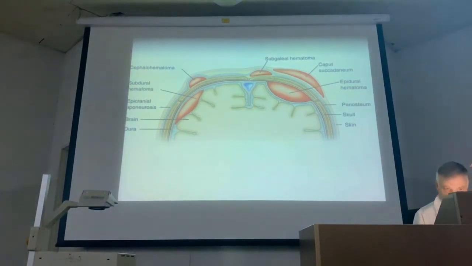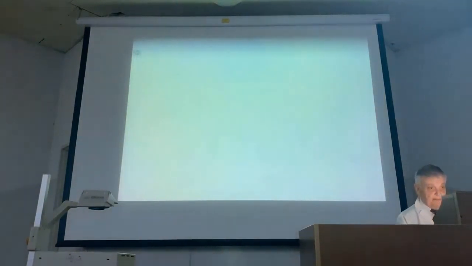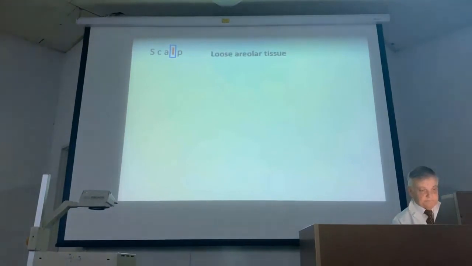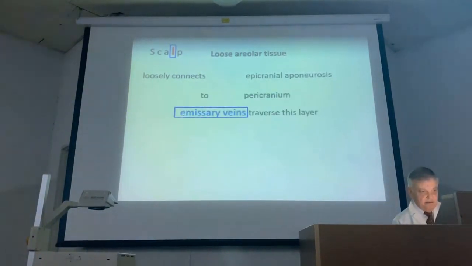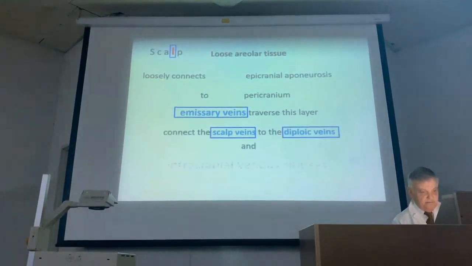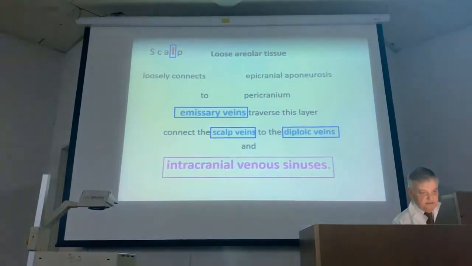Now, swellings and trauma of the scalp. It depends on where the collection is. Okay. These are descriptions of the venous connections.